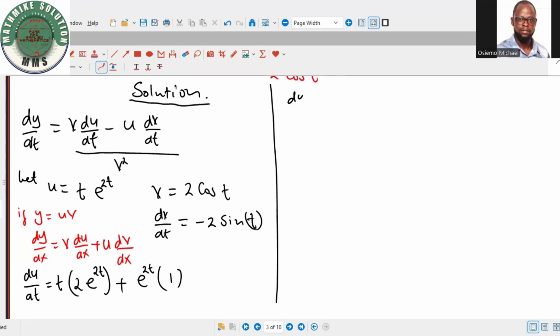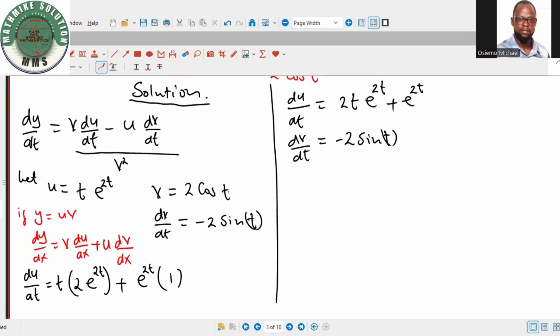So our du/dt is now equal to 2t exponential 2t plus exponential 2t. Then our dv/dt is now equal to negative 2 sine t.